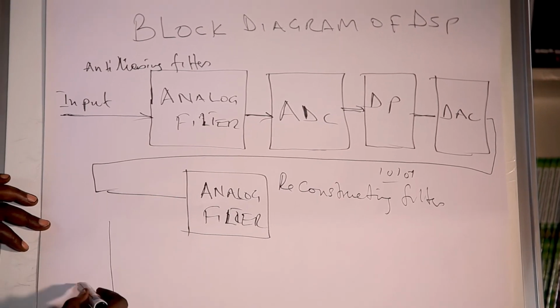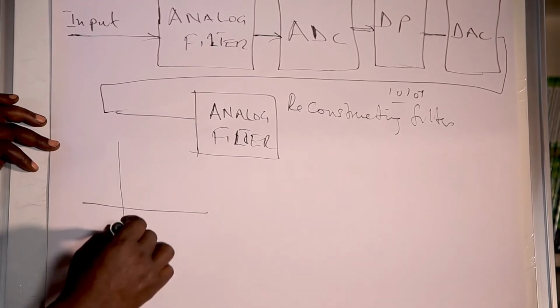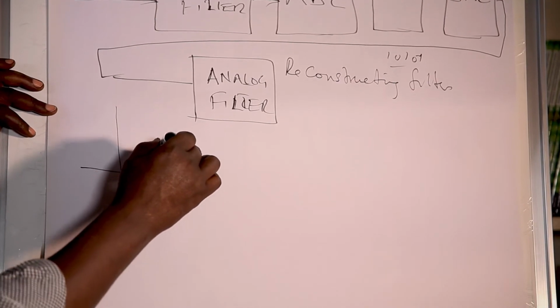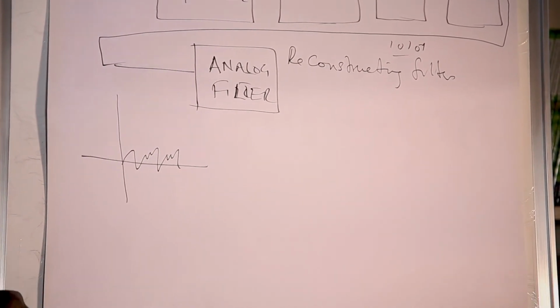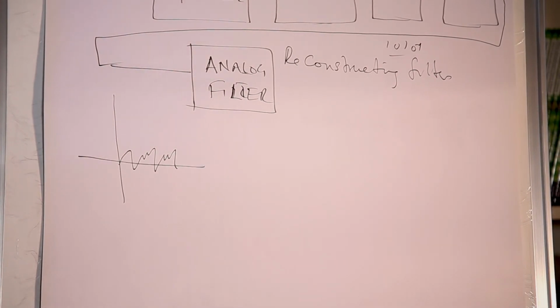It will come, for example, like this. Then it will have some analog signal in this case, as we mentioned from our previous lectures.